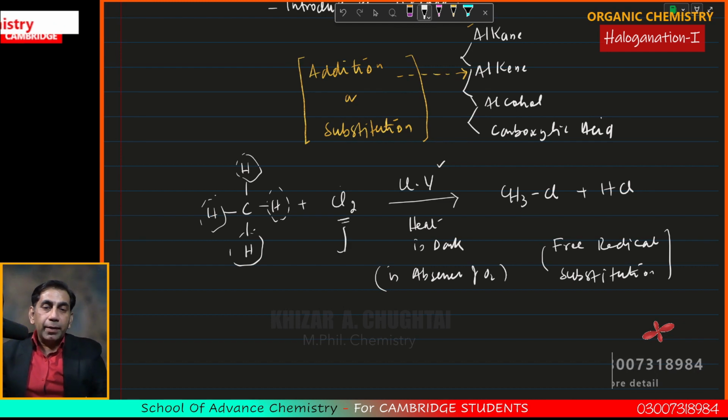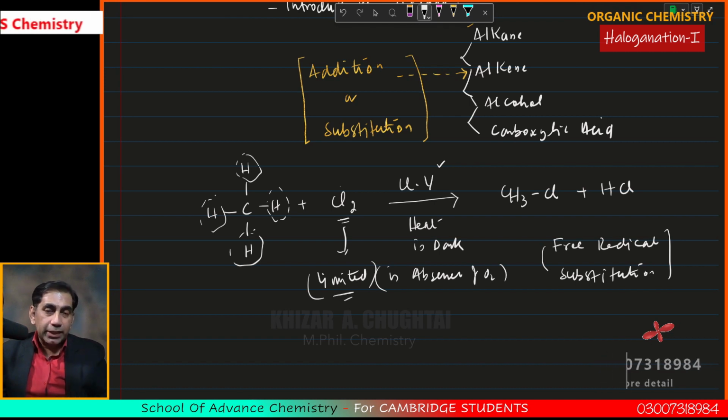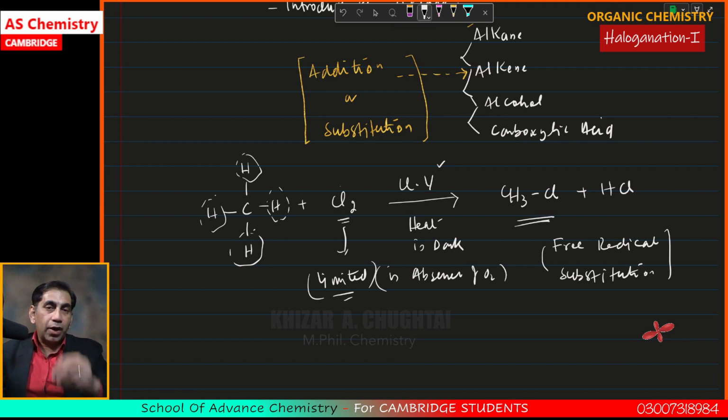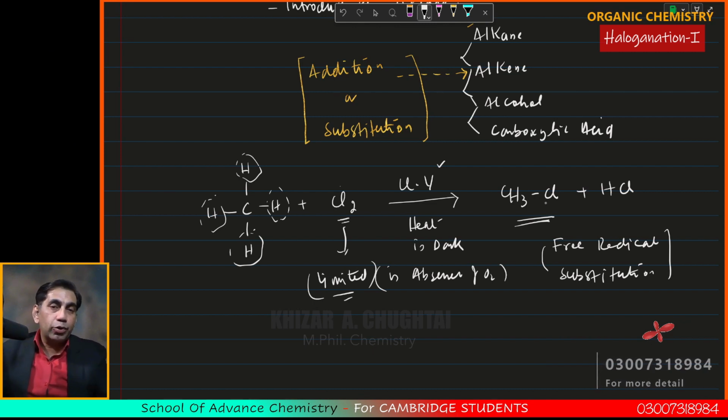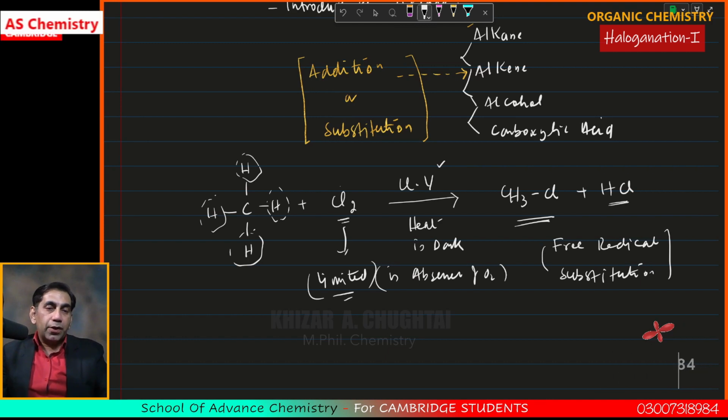If you're using limited Cl2, then at least only one hydrogen of each molecule is replaced. So there is substitution of hydrogen by halogen, and there is a formation of one HCl every time as well.